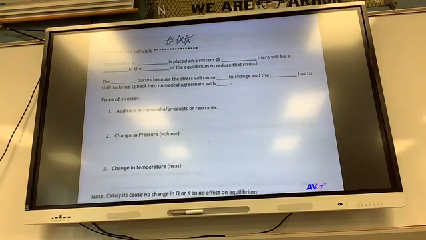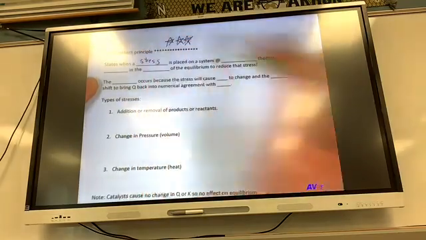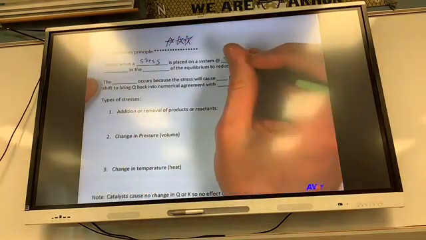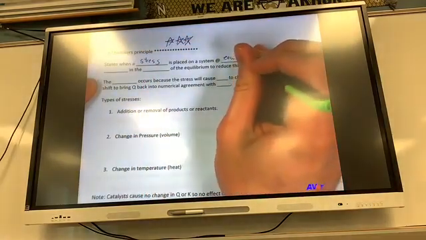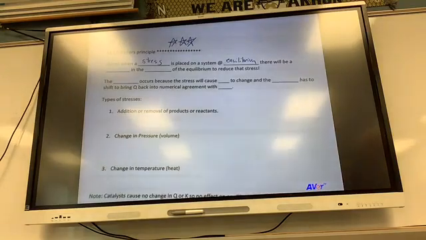Le Chatelier's principle states when a stress is placed on a system at equilibrium, there will be a shift. When a stress is placed on you, what do you try to do with the stress? Get rid of it.